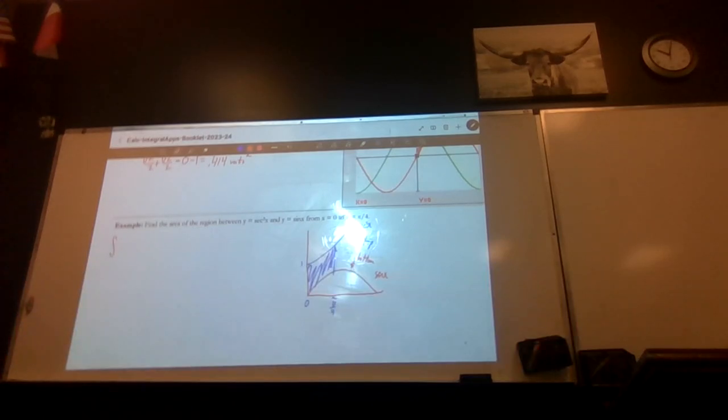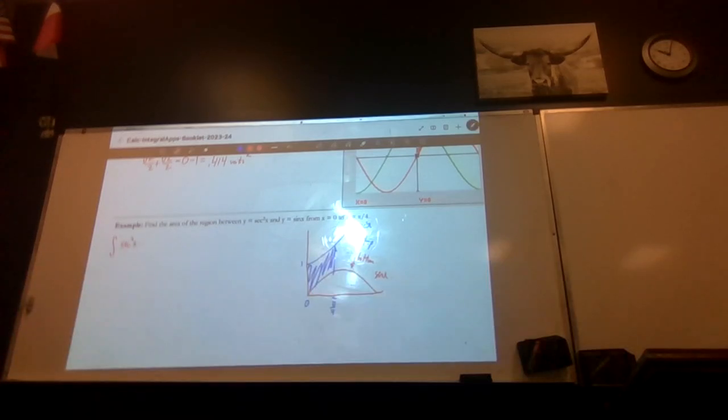Can someone tell me, what is the integral I set up now? Ben, what integral am I setting up right now? Would it be secant squared minus sine x?